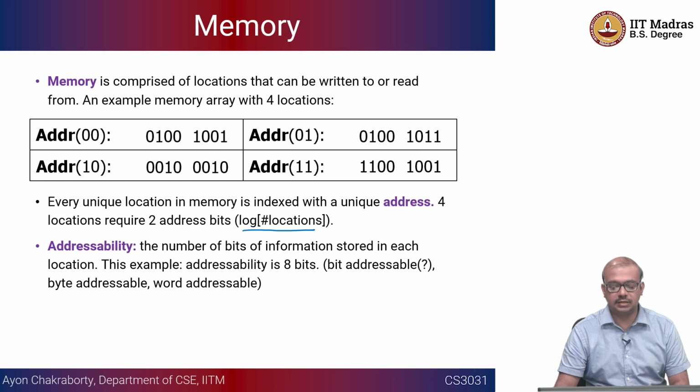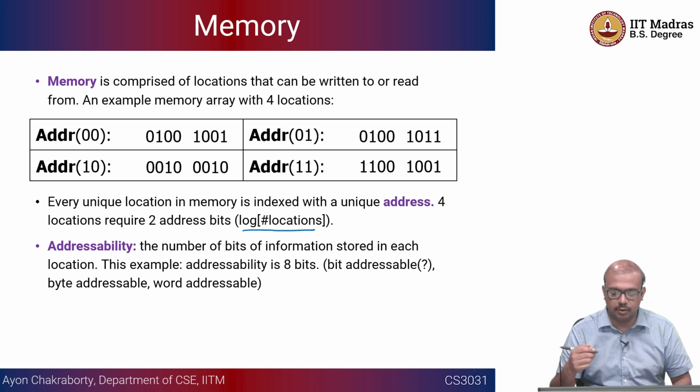The other very important term is called addressability. Okay. How much data you are addressing per location, right? If you go to an address, let's say for a 3-bit memory addressing scheme, you go to another location called 110, and you look up what is stored there, right?